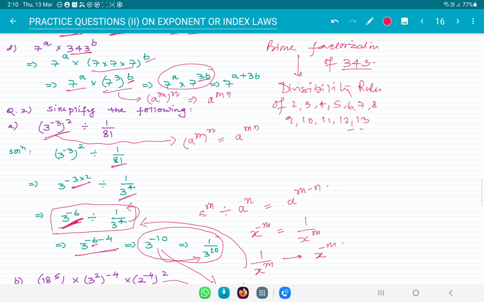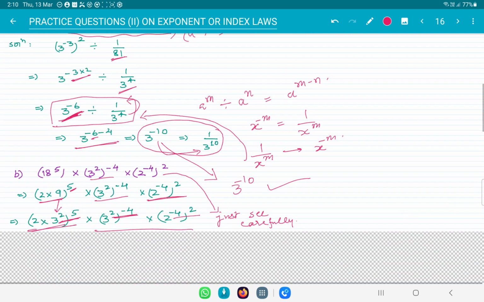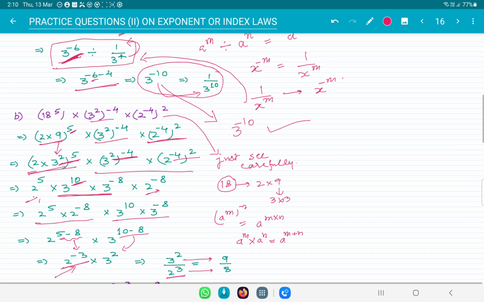So we can do 7 raised to the power 3 is equal to 343, or in the reverse way also, 343 can be written as 7 into 7 into 7. And we have seen that if your answer comes in a negative power, just write it in the form of a positive power. In this video you learned that just by seeing your question, don't rush.